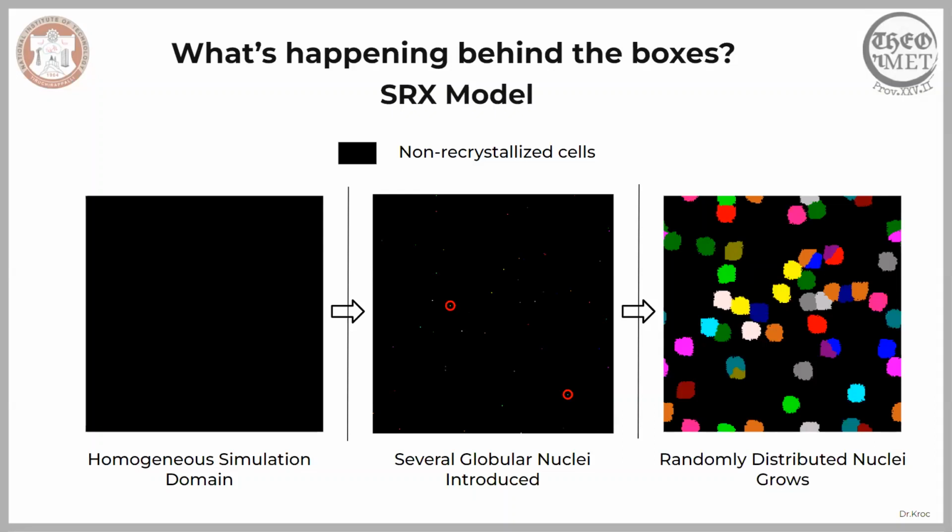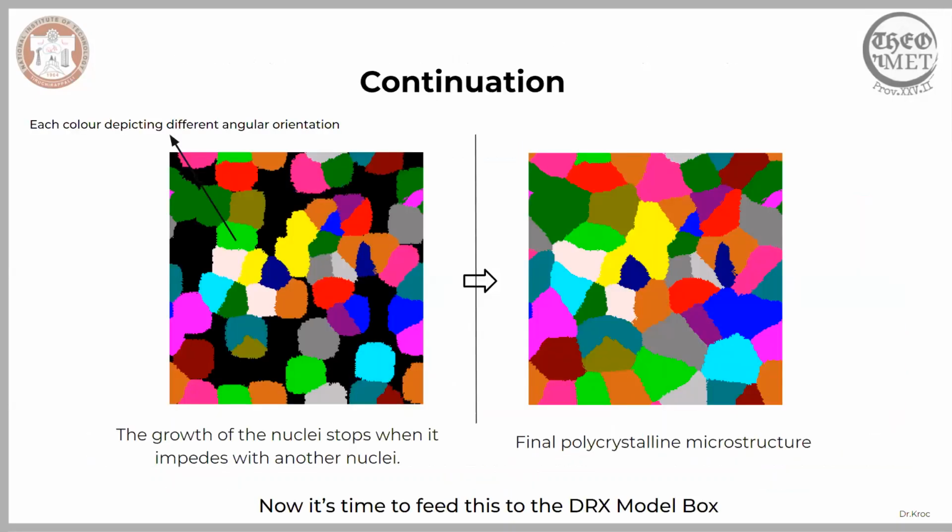In this way, we are allowing the introduced, randomly distributed nuclei to grow. Once they grow, they start impinging on one another, and further growth of that grain is stopped. So we finally obtain a polycrystalline microstructure with which we can start our actual focus on dynamic recrystallization. So now we are feeding this to the dynamic recrystallization model.